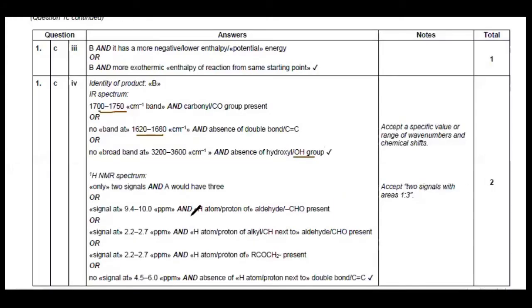Coming back to H1 NMR, they have indicated that there are two signals. We have also stated it. Then they've indicated the presence of the CHO group somewhere around 9.4 to 10, and the peak around 2.2, which corresponds to the hydrogen from CH2 very next to a carbonyl group.